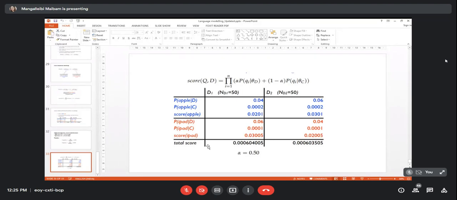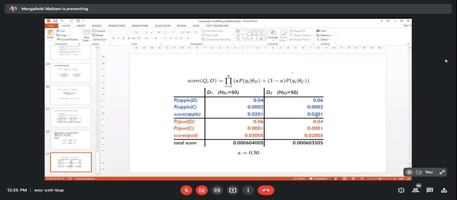Now the total score. I got the score for Apple and the score for iPad. You multiply these two score values, score for Apple into score for iPad, and you get the total score. For D1 it is 0.000604005.